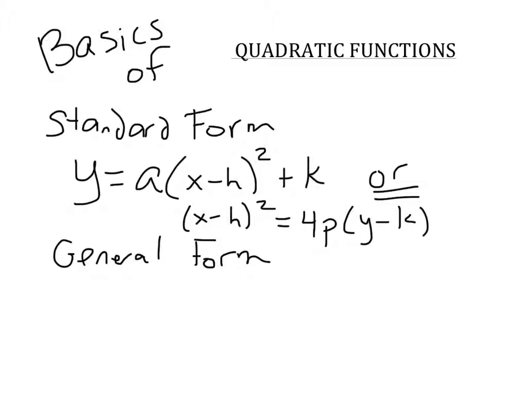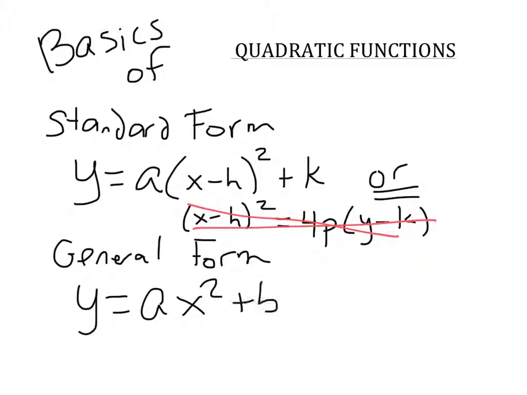So notice the difference between the two. This one, though, we will not be worried about right now at all. General form is the one that I would assume you're more used to and some of you might like more, and that's your typical y equals ax squared plus bx plus c, which you should know a lot about when it comes to the quadratic formula and the discriminant.